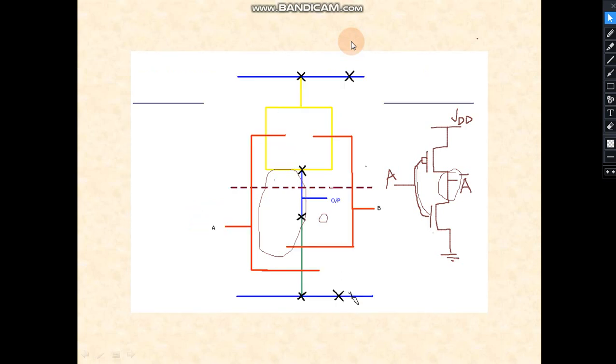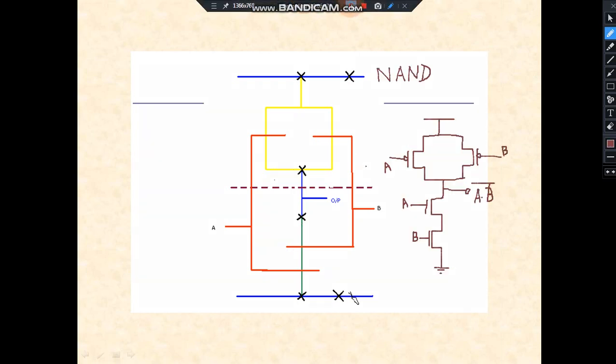So our next example is for the NAND gate. We are implementing the NAND gate with the help of CMOS. So this is the basic structure of the NAND gate. A and B NMOS are in series.